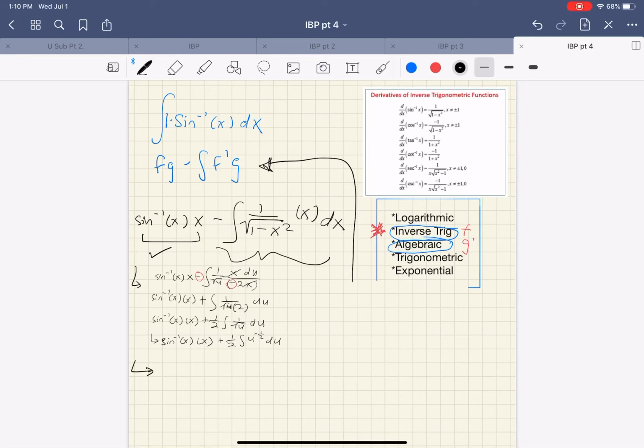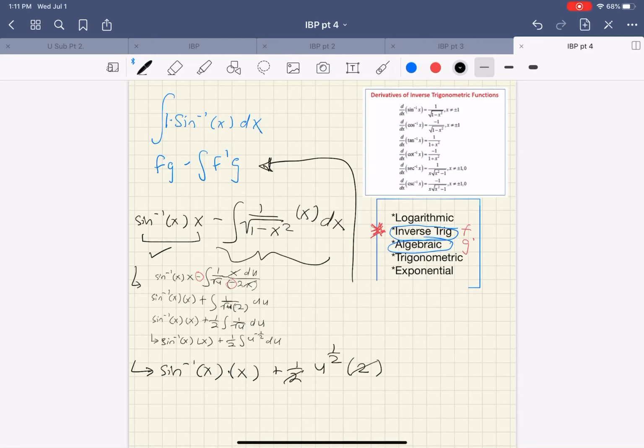Okay. We have sine negative 1 of x times x plus 1/2. And then, since we're going to do the power rule, we're going to add 1, which is going to be u to the 1/2. And then dividing by 1/2 is just basically multiplying by 2.